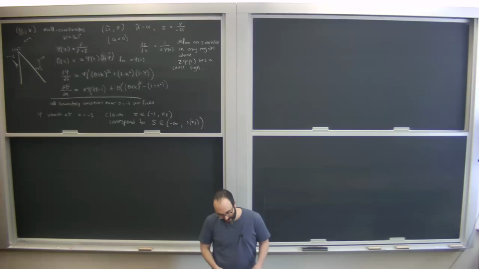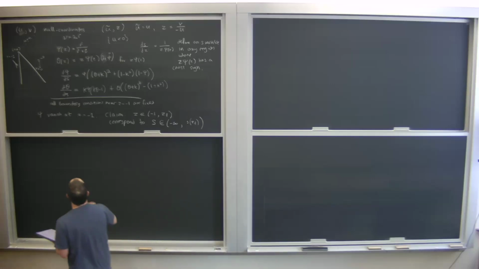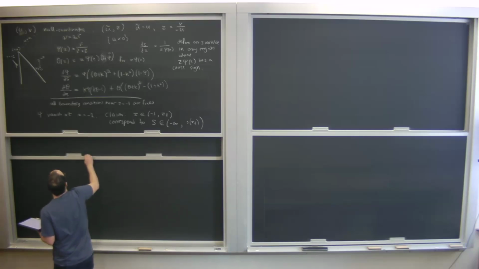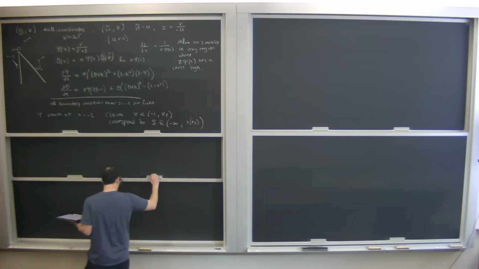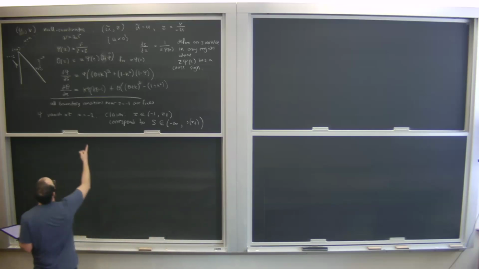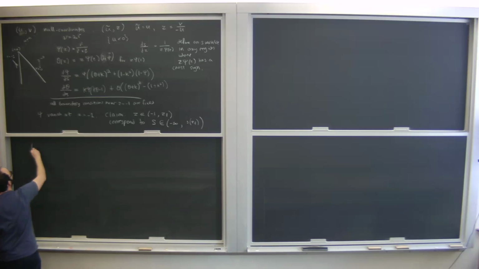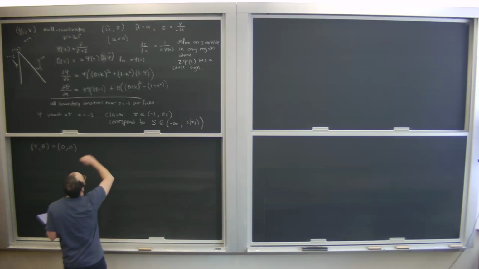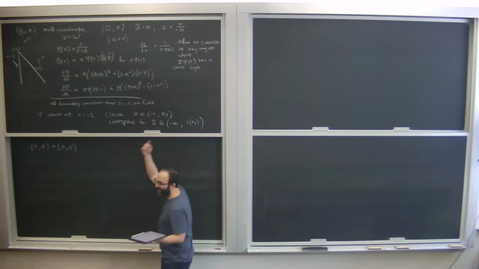Okay, then you have to think about the conditions. There's a critical point associated to this autonomous system: psi, theta equals 0, 0. That's a solution to that. Now with the boundary conditions, we push this -1 off to infinity.